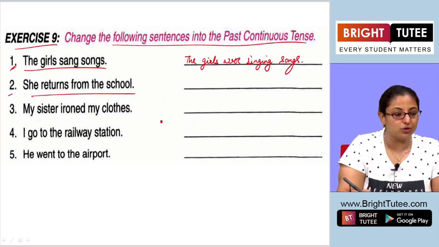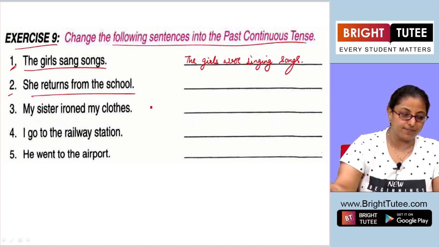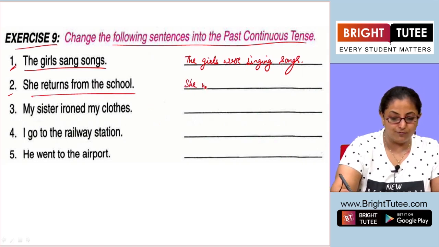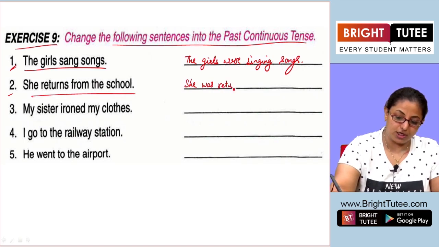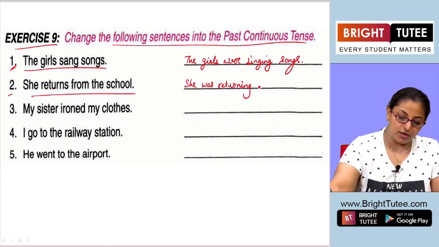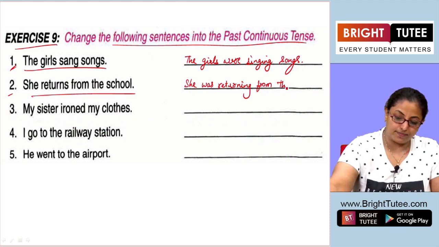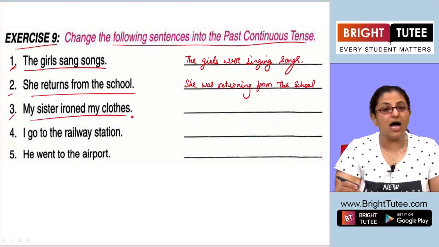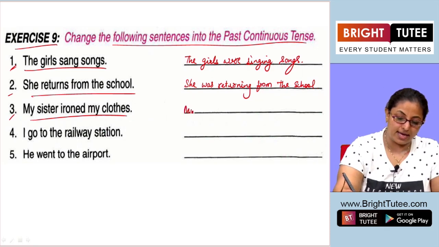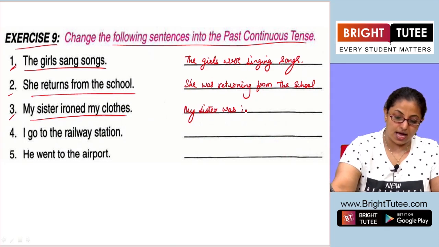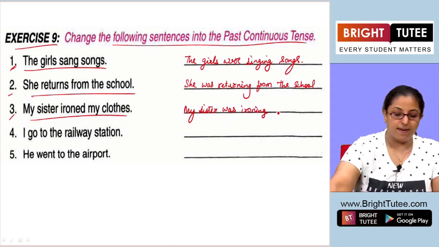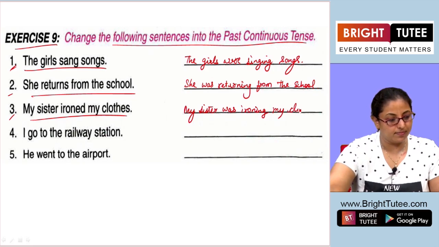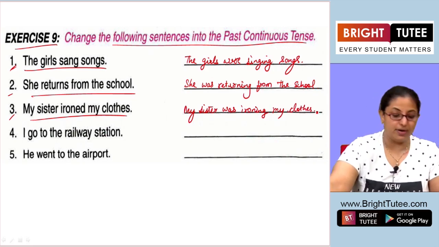She returns from school. She was returning from the school. Okay? My sister ironed my clothes. My sister was ironing my clothes. Alright?